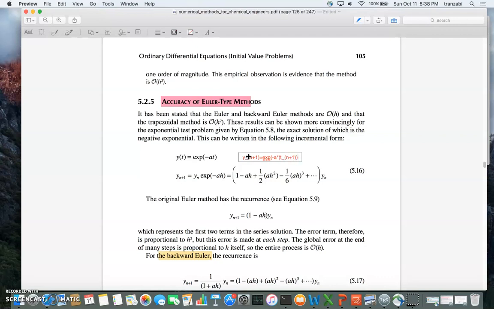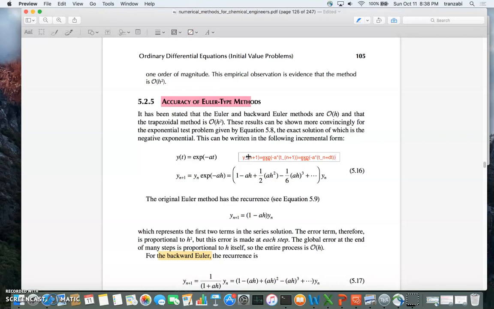So this is by definition. So I'm going to expand t n plus 1. So t n plus 1 is tn, right, plus dt. That's what we mean by tn plus 1, okay?